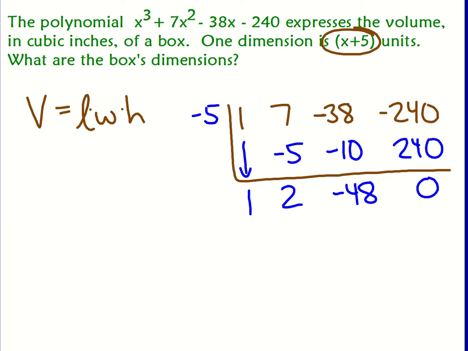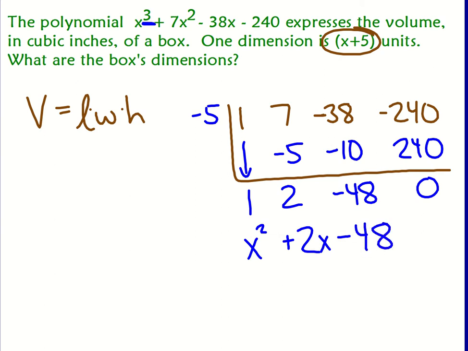And I did get a remainder of 0, which is always nice, because that means that it divided cleanly. And if I started with a cubic, what I have left would be a quadratic. So this would be x squared plus 2x minus 48.